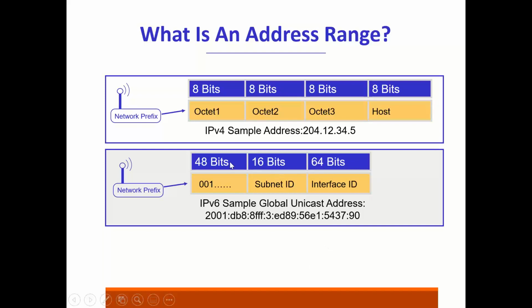But let's take this. So let's say you get your 48 bits at the very front. Remember, I said already that that was what you might want to have for a site. So how does this play out? Let's say you get something like 2001 DB8 from APNIC or ARIN, something like that. So then you say, well, 8FFF, that might be one of my buildings. Grand.